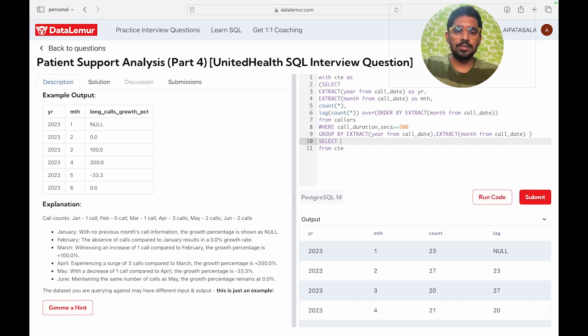So what we need is year, comma, month, comma, percentage call, right? So percentage call, first one will be the previous month count minus lag, count minus lag divided by lag.